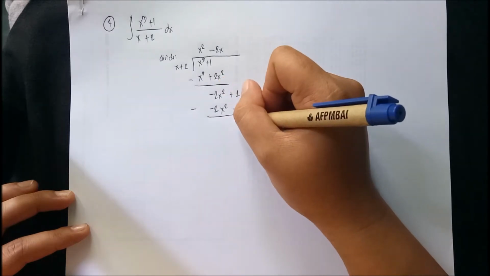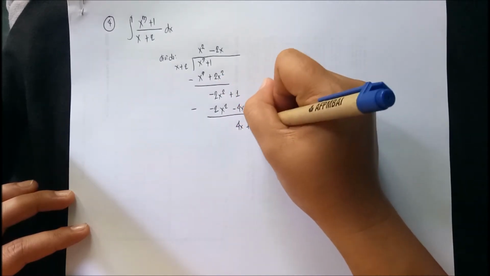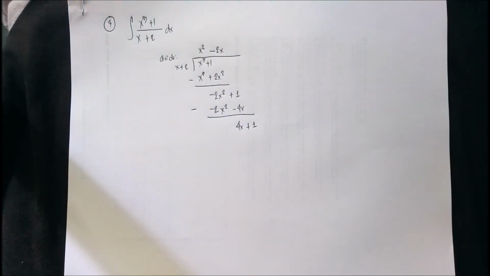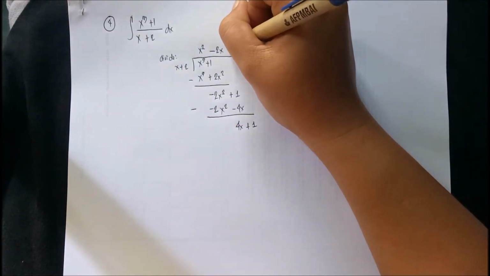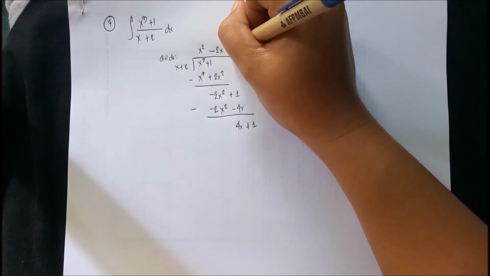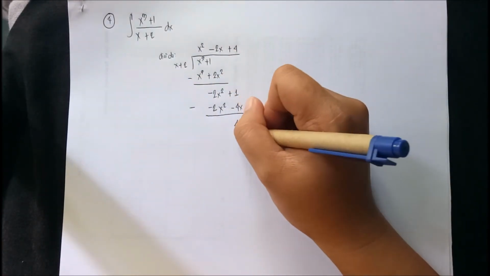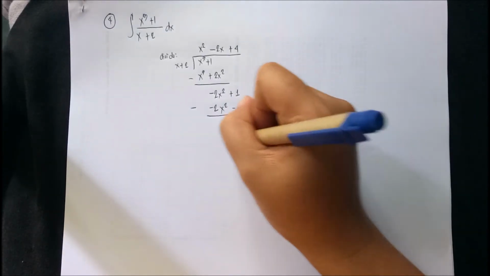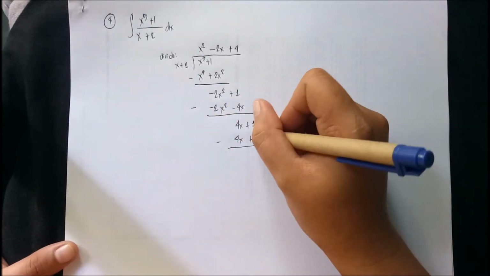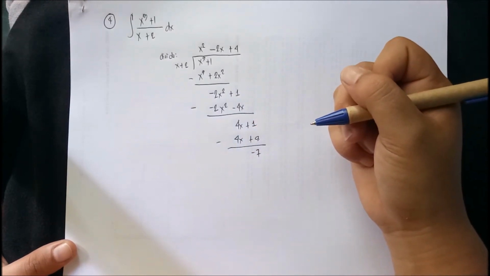So, meron tayong 4x plus 1. Divide ulit class. We now have here divided by x. This is plus 4. Such that pag minultiply natin siya, this becomes 4x plus 8. Subtract class, this becomes 0, and this is now negative 8 plus 1, that's negative 7.